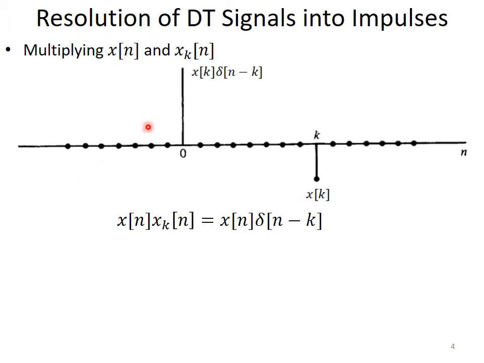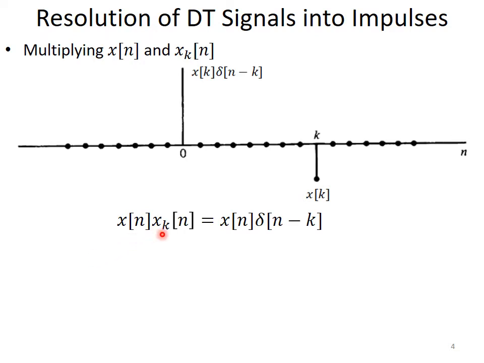When we multiply any discrete time signal with an impulse, for example x of n is multiplied with an impulse shifted by k samples, what do we get? We get x of k only as a result, because the impulse is 0 everywhere else, right? This is also called the shifting property.